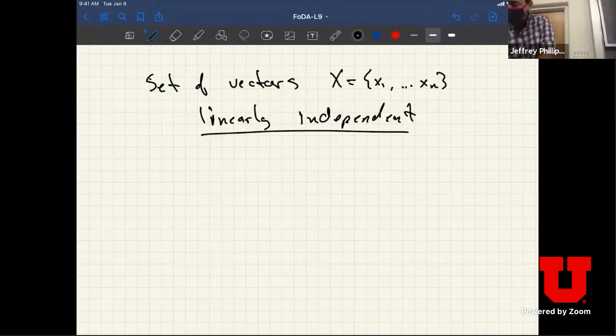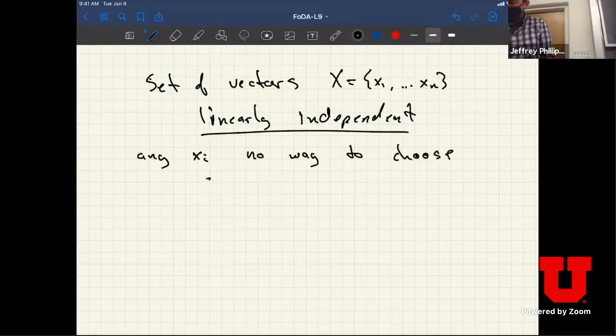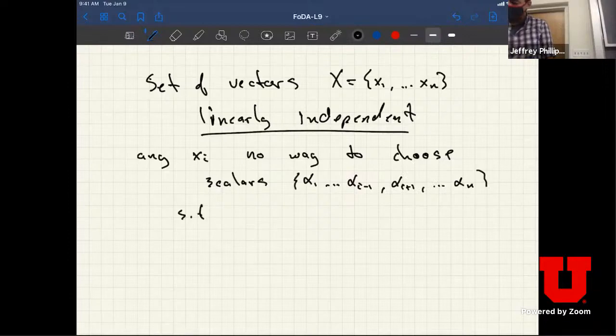For any xi, there's no way to choose scalars alpha 1 up to alpha i minus 1, alpha i plus 1 up to alpha n, such that xi is equal to the sum over j from 1 to n, except j not equal to i, of alpha j xj.